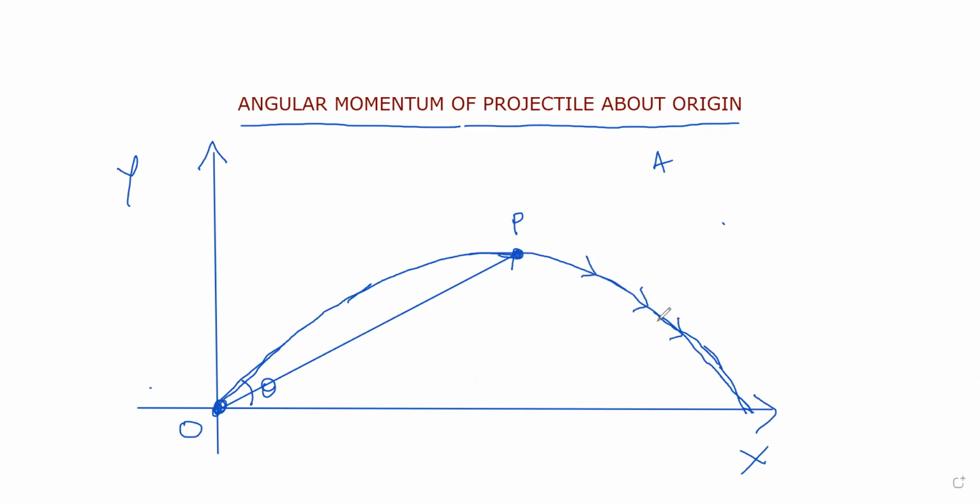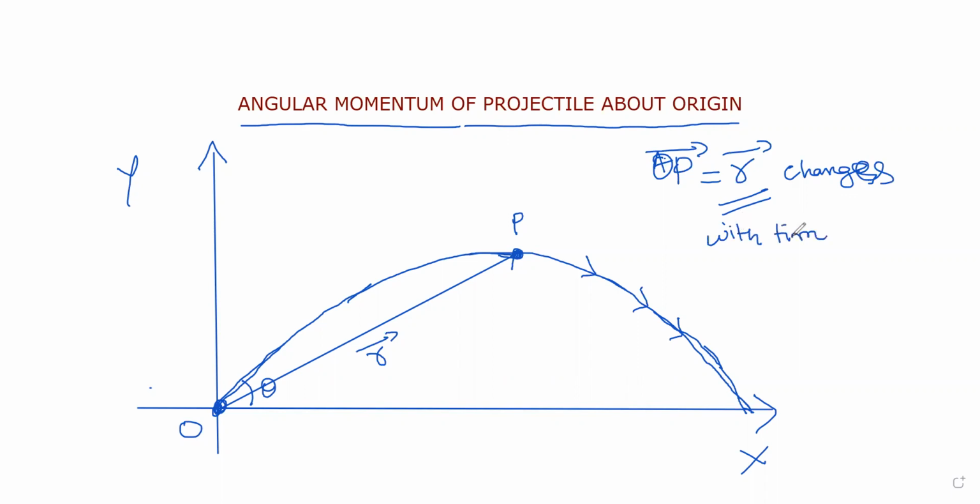So if this point keeps moving, the position vector R bar, which is nothing but OP bar, keeps changing. R bar changes with time. That is what you have to understand.